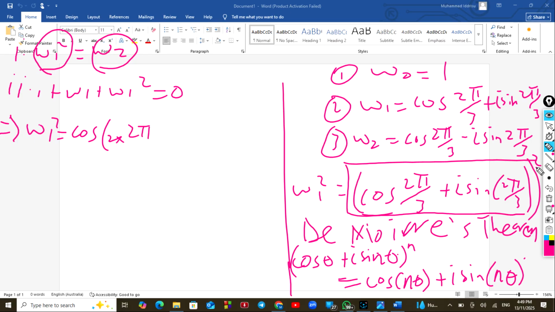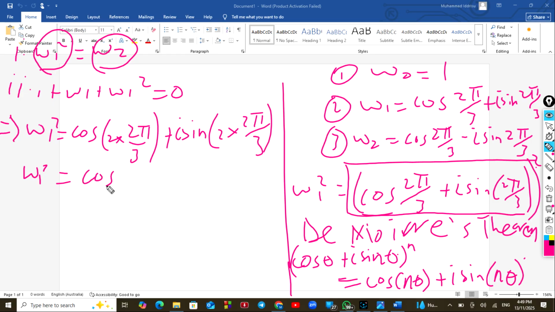So 2 times 2 pi over 3 plus I sine of 2 times 2 pi over 3. So W1 square will be equal to cos of 4 pi over 3 plus I sine of 4 pi over 3.